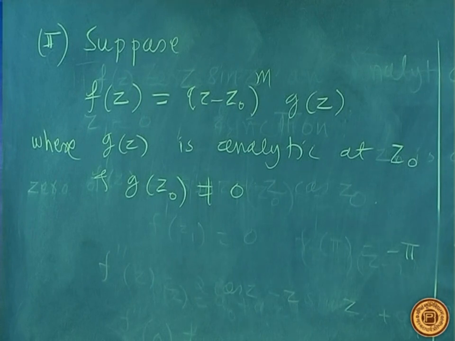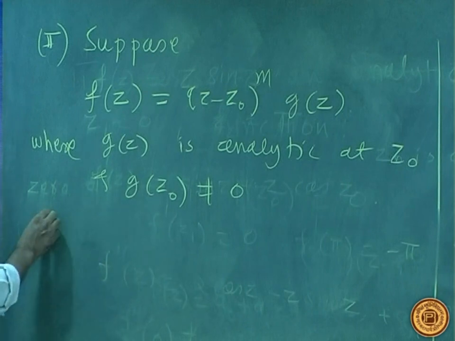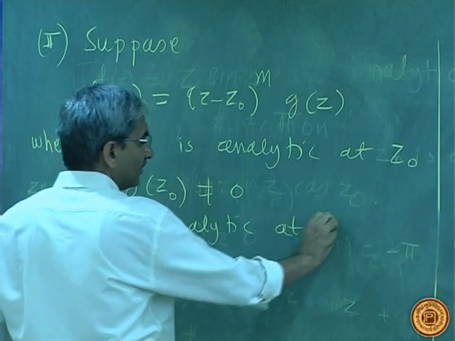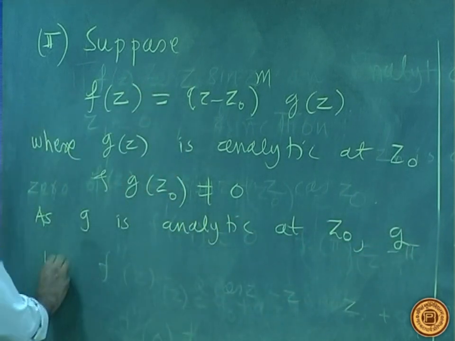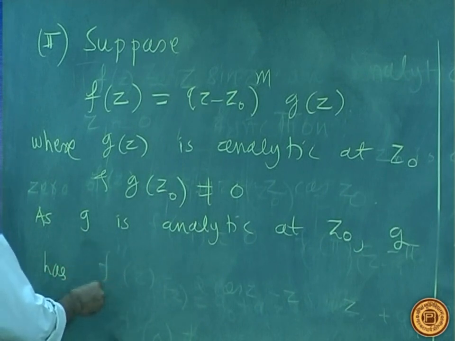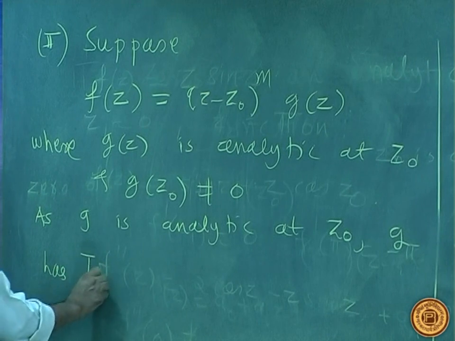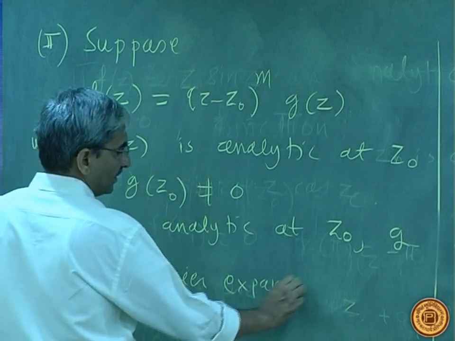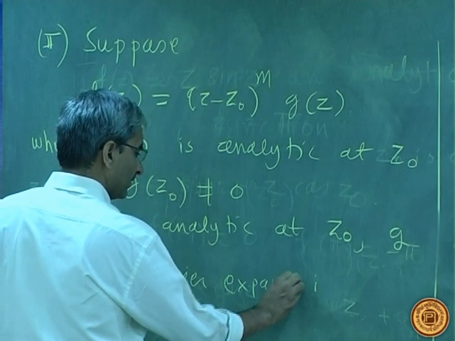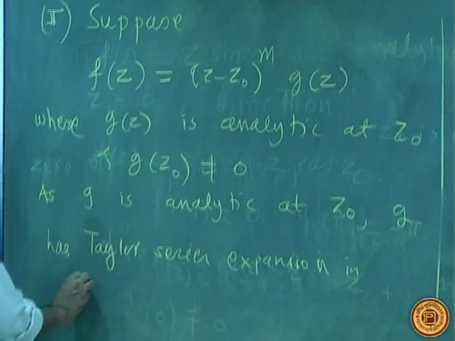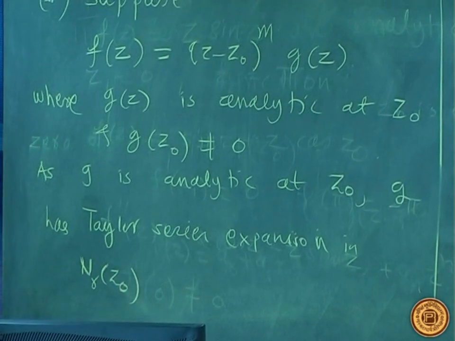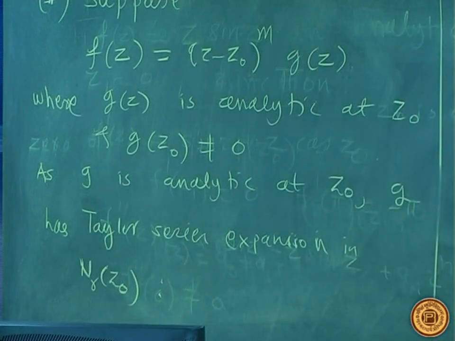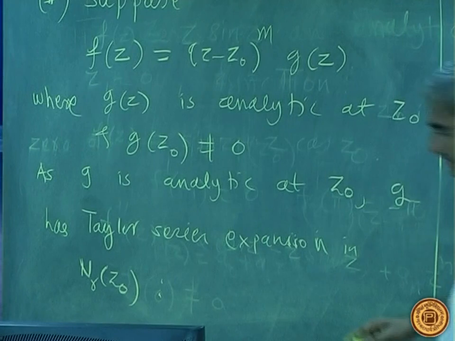So there is some neighborhood of Z naught where you can expand G, and that Taylor series expansion will be G(z) equal to what? Nth derivative at Z naught.